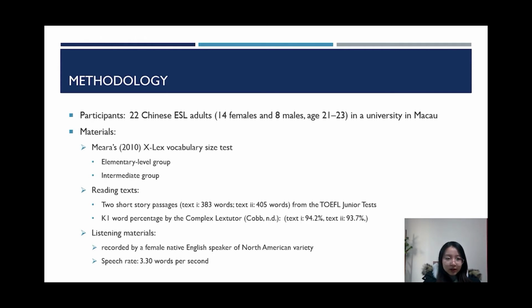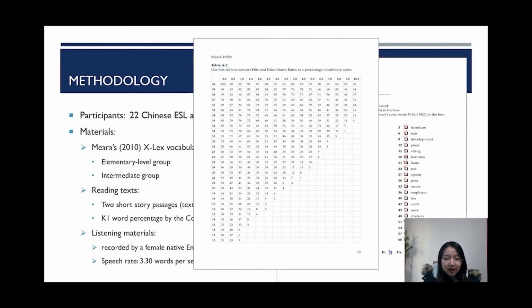We used two short story passages as the reading text for comprehension accuracy and eye movements. The story passages are controlled for their keyword percentage to make sure that they are at a comfortable reading level for the two groups of readers.